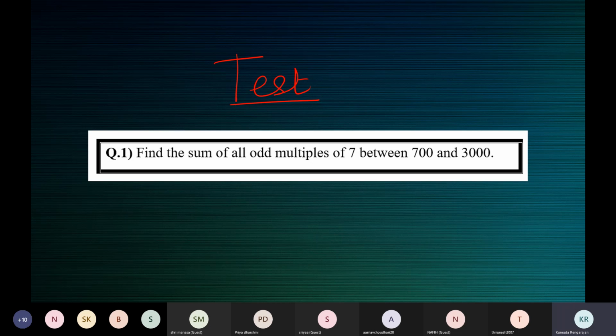As I told you, the procedure goes like this. First, the AP is 707, 714, okay, 714, 721, 728. Let's take 700. 700 not included, okay. So what's the last number, children?